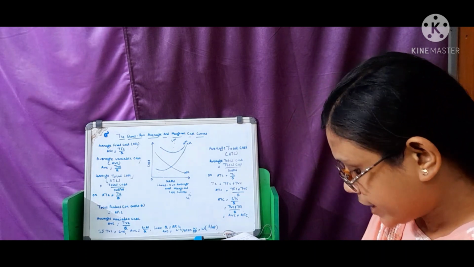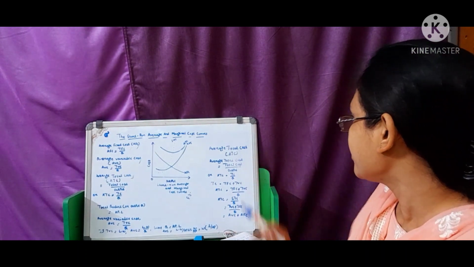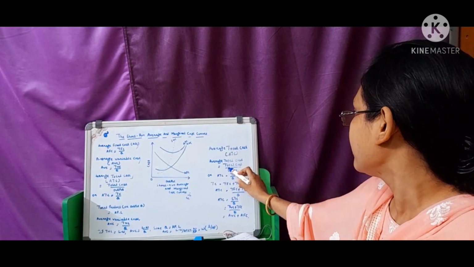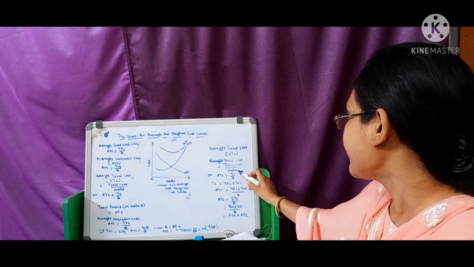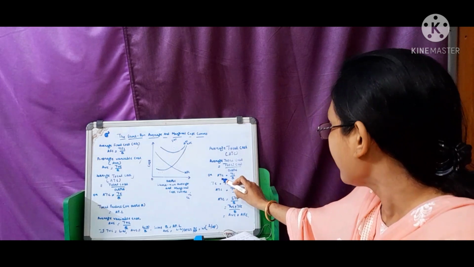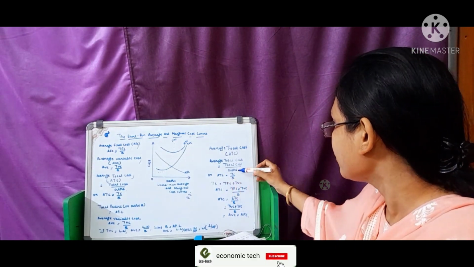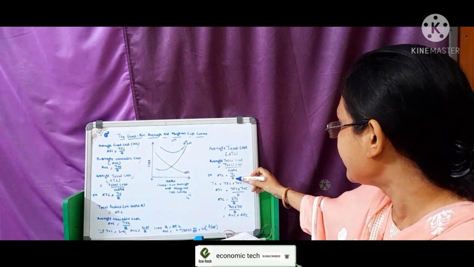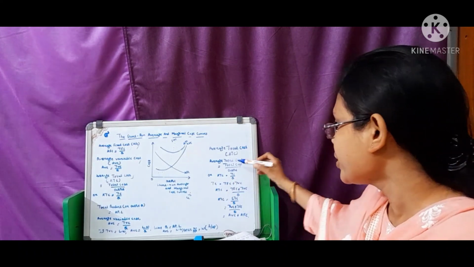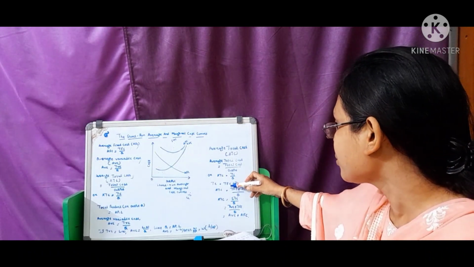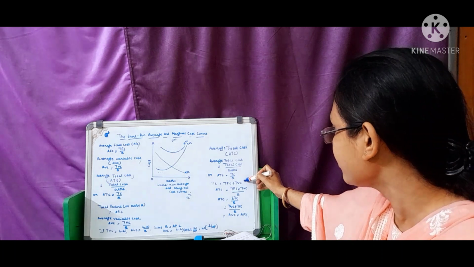Average total cost equals total cost divided by output, or average total cost equals total cost divided by Q. Total cost equals total fixed cost plus total variable cost.